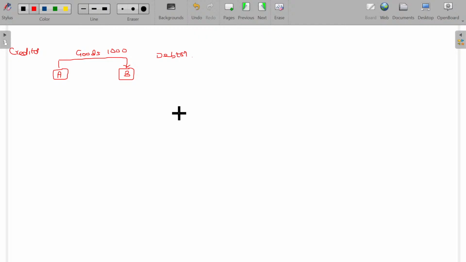So now A makes a draft here. Bill of exchange. The transaction happened on, say, 1st July 2025.